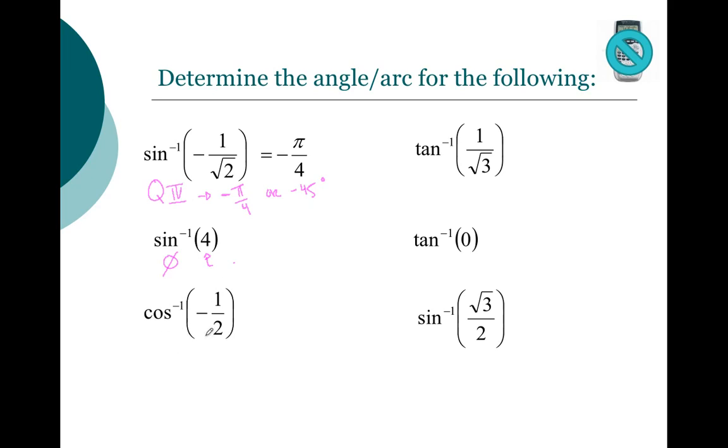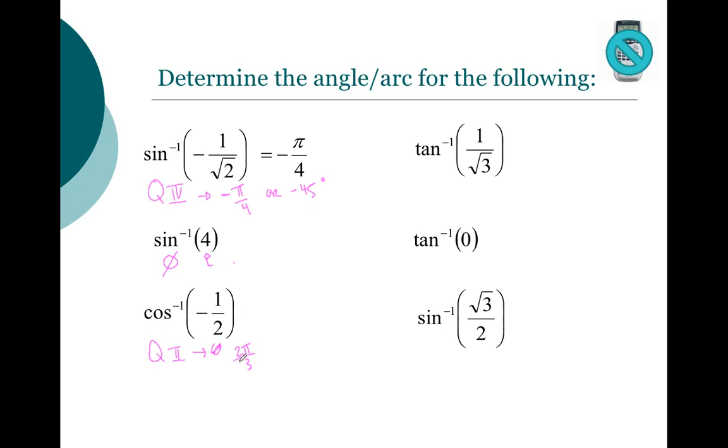Cosine inverse of negative 1/2. Well, cosine is defined in quadrant 1 and quadrant 2. It's going to be negative in quadrant 2. So think about a reference angle here. Where is cosine 1/2? It's going to be at pi over 3, so it will be negative, no, it won't. 2 pi over 3. Right?